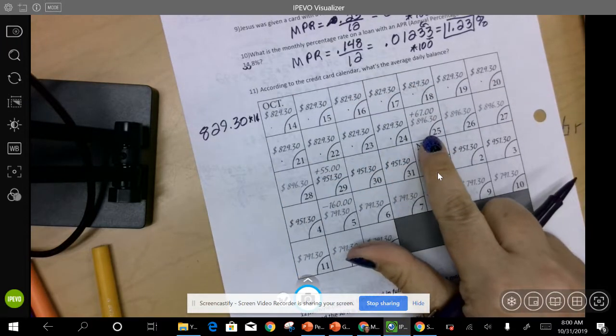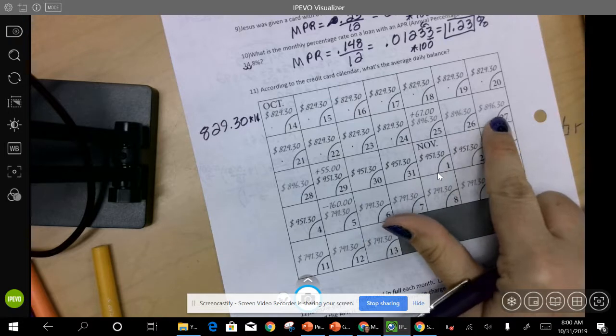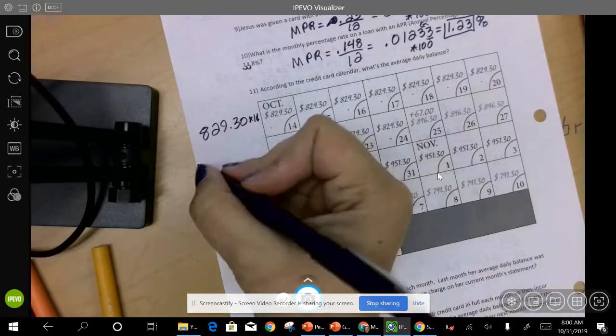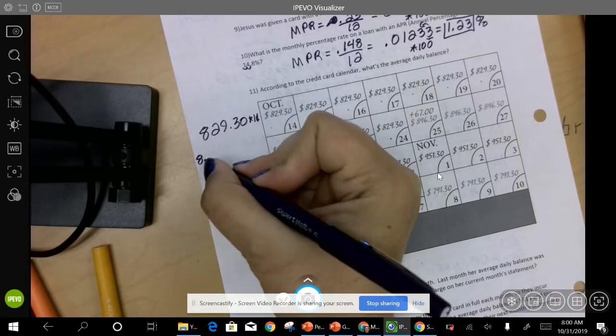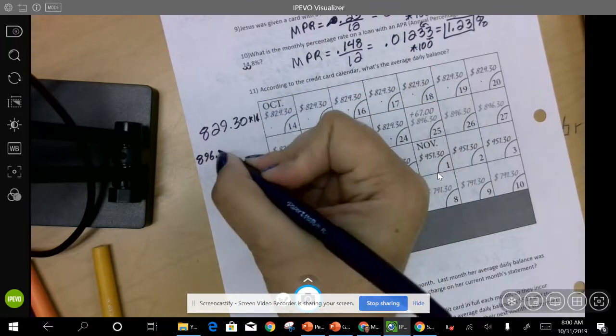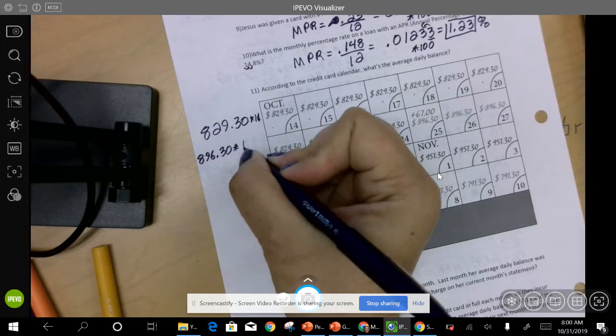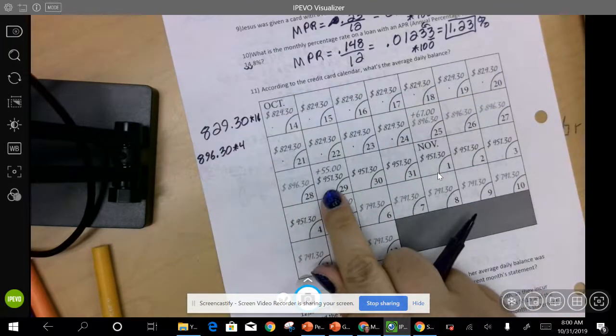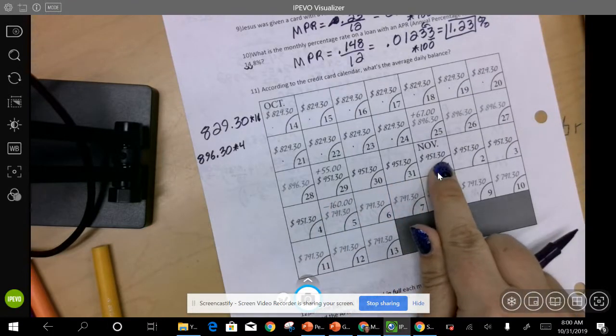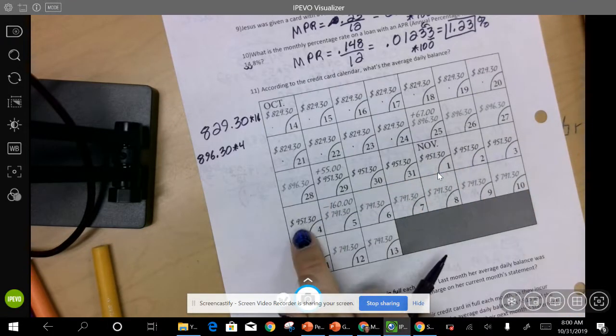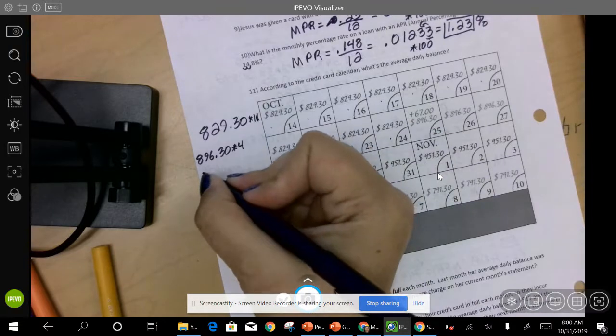Then we have 1, 2, 3, 4 days with that balance. And then 1, 2, 3, 4, 5, 6, 7 days with that balance.